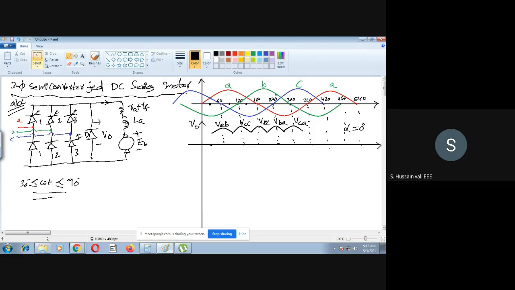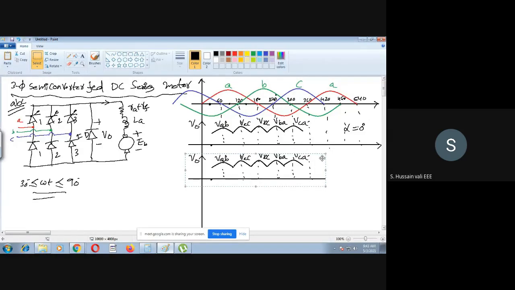Say, for example, if you do the delay, in the sense that the firing angle is other than 0, say 10, 20, something like this, then in this case this delay will be there here, and the delay will come like this.